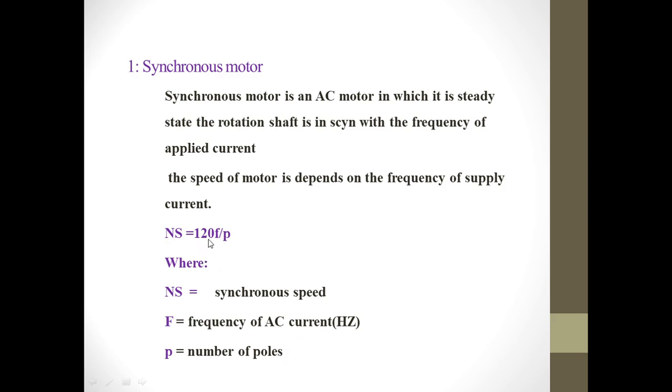So if we want to control this synchronous motor, we will control it by controlling the supply frequency. If we increase the frequency, the synchronous speed will increase, and if we decrease the frequency, the synchronous speed will decrease.